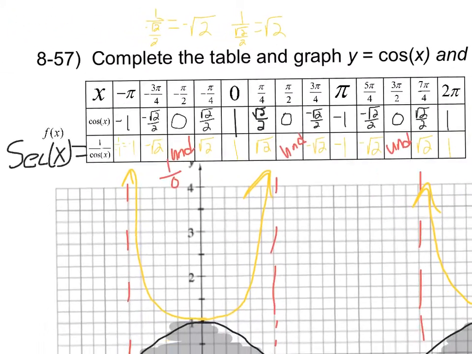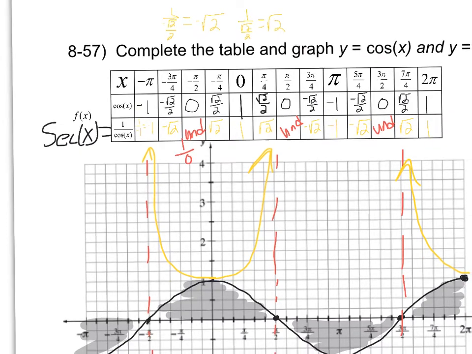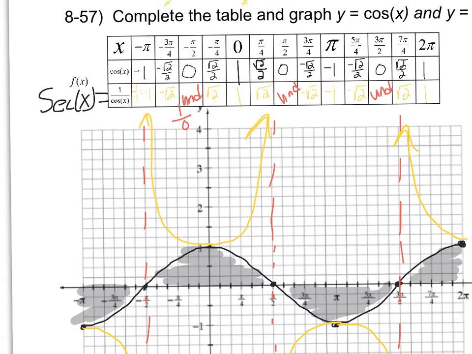Now if we go and plot all of these points, starting over here, I have a negative pi, output's a negative 1. That's right there. Negative 3 pi over 4, negative 1.41.